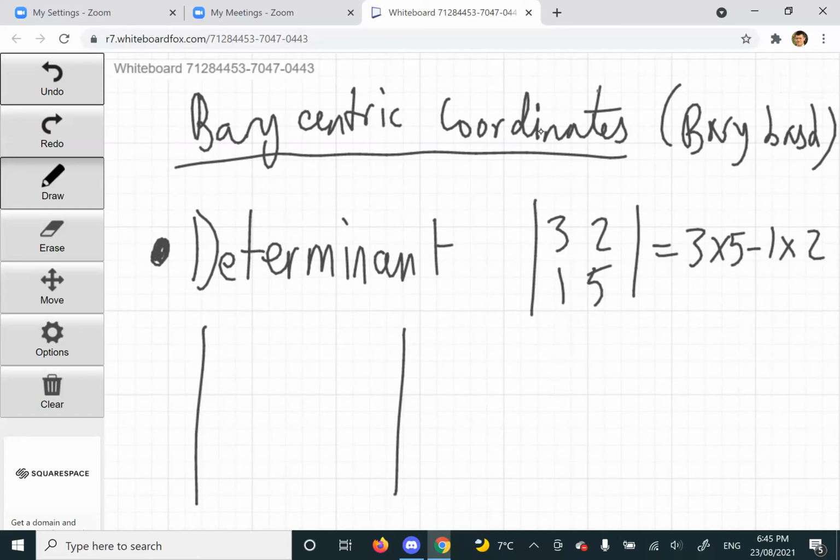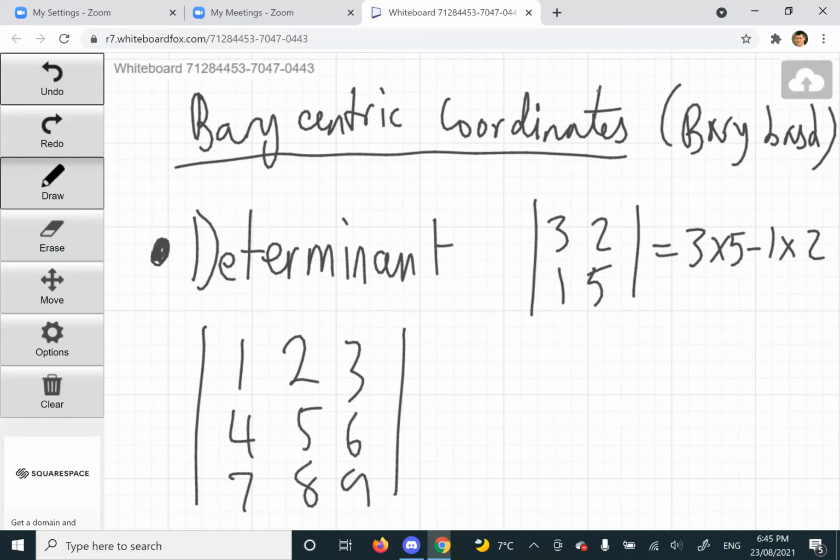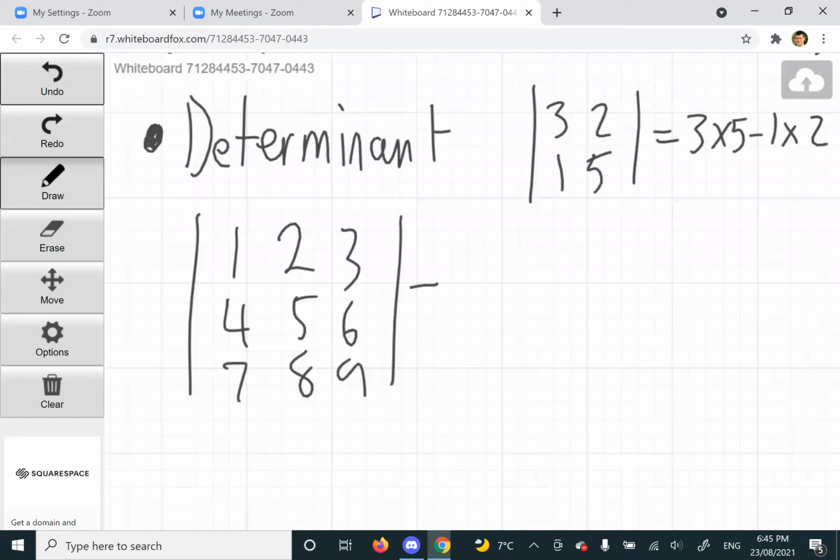If you have a 3 by 3 determinant, like 1, 2, 3, 4, 5, 6, 7, 8, 9, the formula for this, you can choose any row or column and do this. Let's for simplicity pick the first row. You take the entries of the first row, 1, -2, and 3.